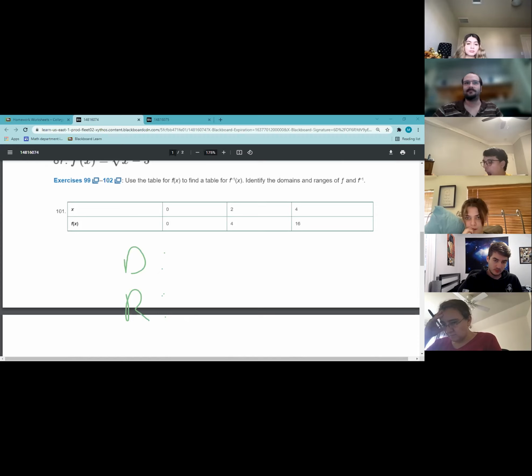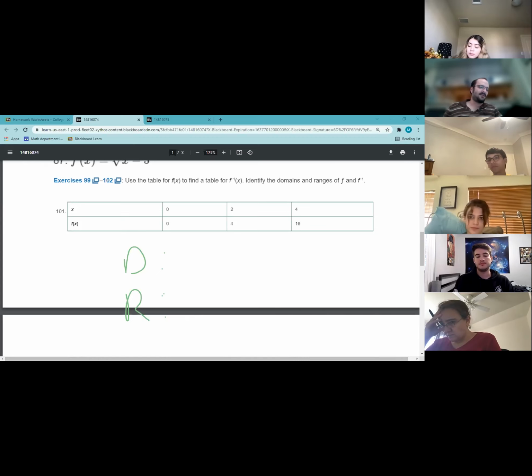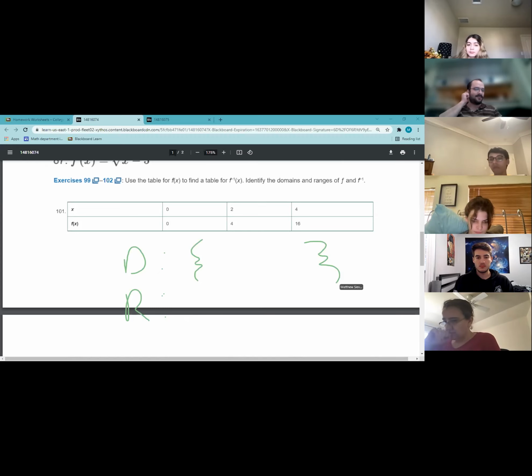I'm not too sure about this one, but so the domain is which values? The x values. And so I only have single x values, so what I should really be writing is just these set braces.